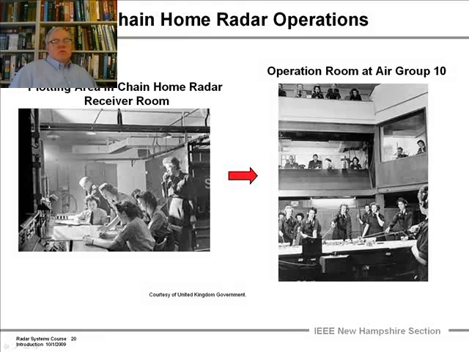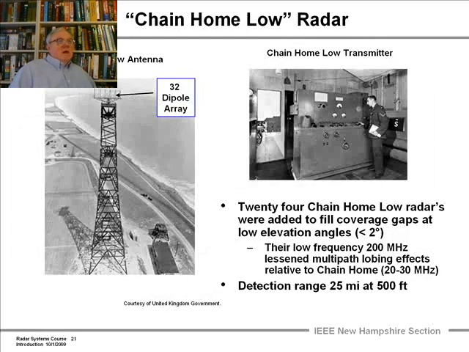This is terribly important, so that they could focus their attack and have even parity with their fighters and the British fighters, and we'll get to the results in a minute.